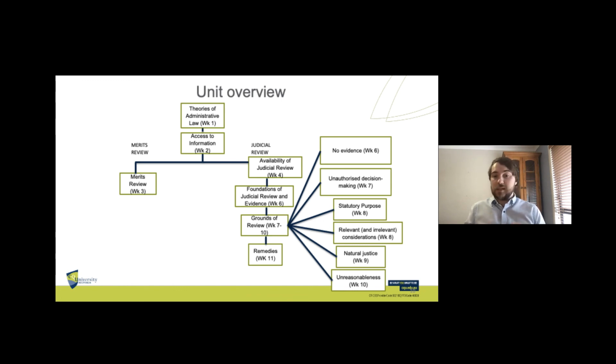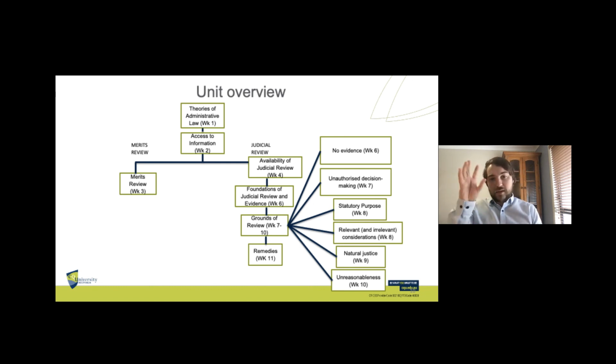And so we look at things like not having any evidence on which to base the decision, the decision maker being unauthorized to make that decision, the purpose of the law under which the decision was made, whether the decision maker looked at relevant or irrelevant considerations, principles of natural justice, and whether the decision was just completely unreasonable. So those are the bases on which we might review a decision.